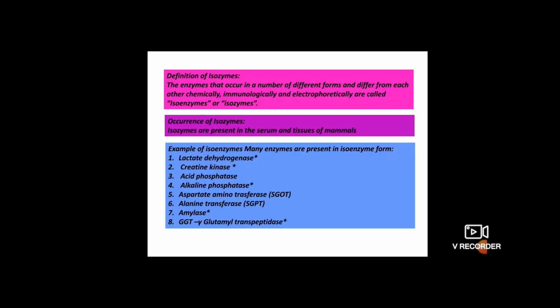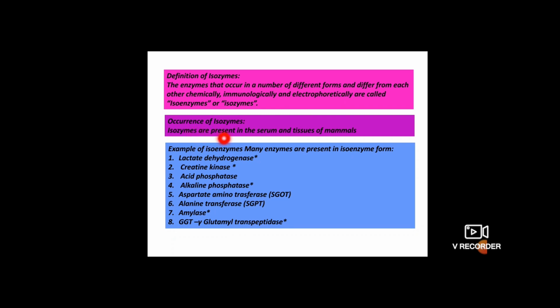And next, this is an important slide giving an idea about the whole class, what we are going to discuss later. So what are isozymes? The enzymes that occur in a number of different forms and differ from each other chemically, immunologically and electrophoretically. This electrophoresis I discussed under the identification. Where are they located?